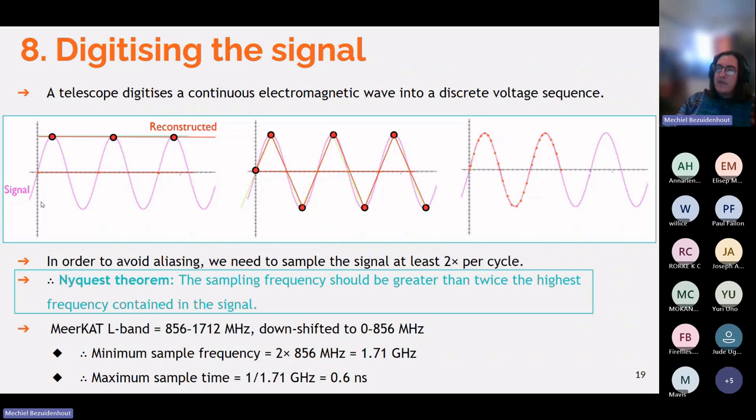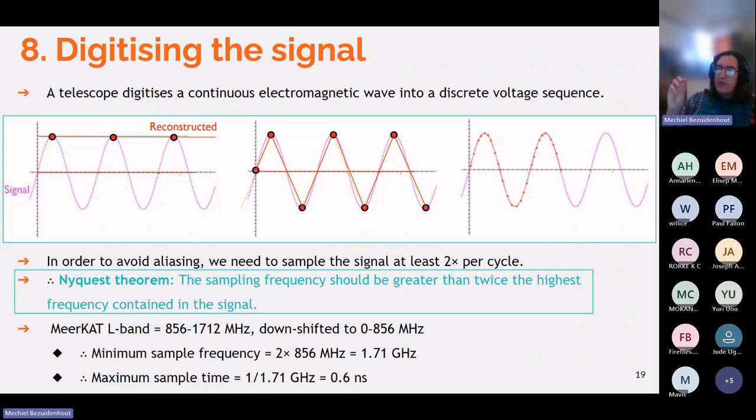let's say that we have a signal in the telescope where the voltages are varying according to a sine wave like this one. And now we have to sample that signal using a particular rate of sampling.